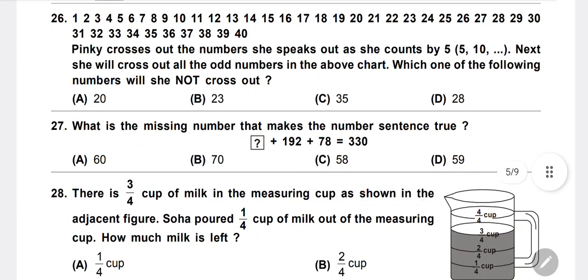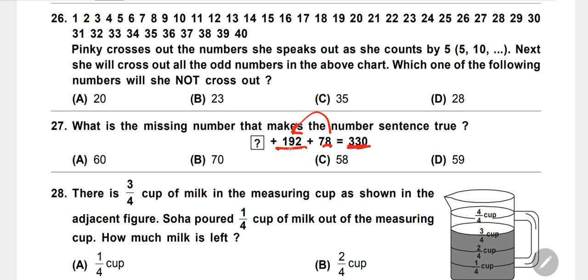What is the missing number that makes the number sentence true? Okay, so it's a question of addition. We add these two, so 78 becomes 200. Let's see, 8 given, it becomes 200. 200 plus 70. So what do we subtract? Sorry, add 270 to get 330.